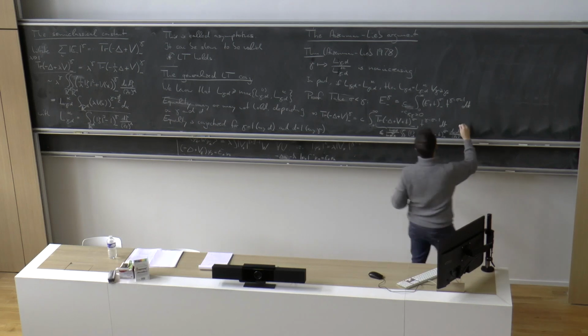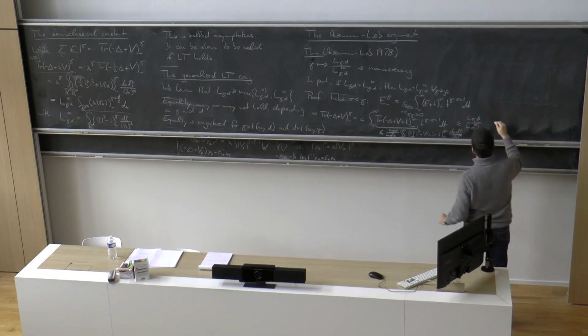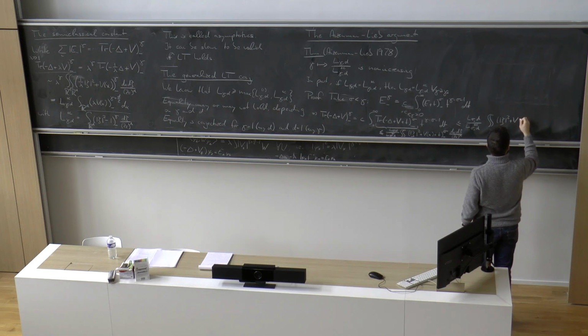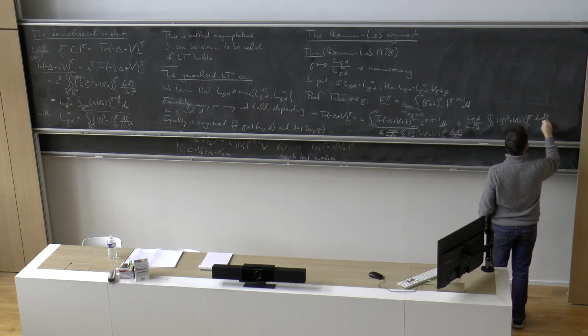But that gives me back exactly what I want. L sigma d over L sigma d semi-classical. I'm just copying this. Now this gives me the integral of xi squared plus v of x, negative part to the gamma. Is everybody following?